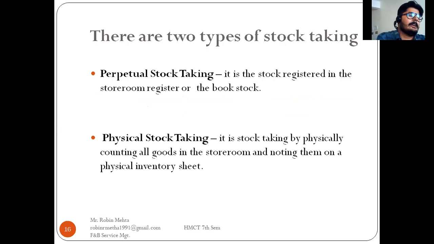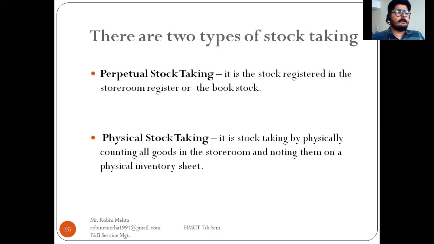There are two types of stock taking, which I already told you: perpetual stock taking and physical stock taking. In perpetual, it is the stock register in the storeroom, the register or book, or the book stock. We don't go physically to the place where we store all the material or raw material of our hotel or organization.